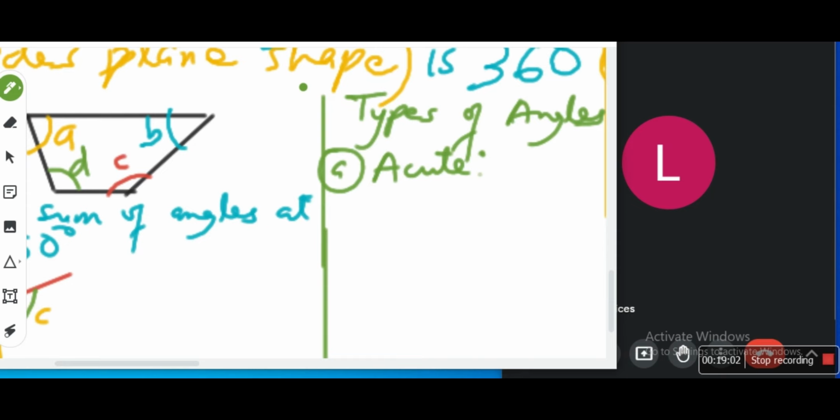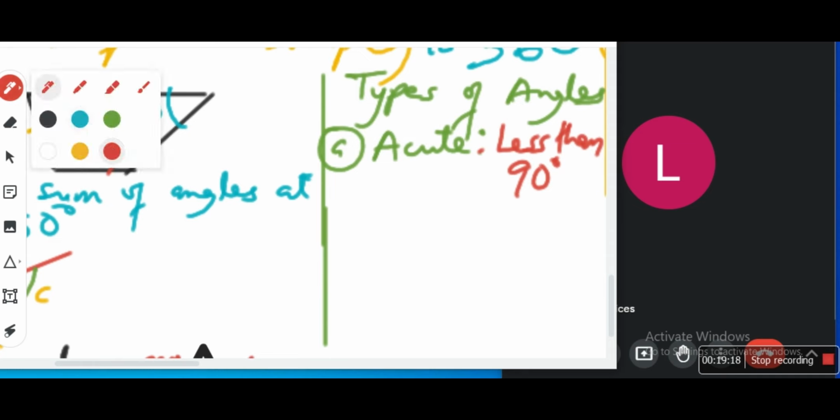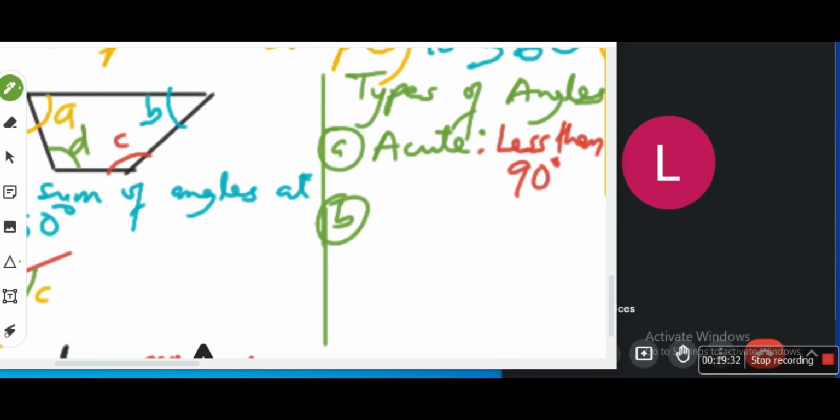Acute is less than 90, from 0 to less than 90 degrees, like 89, 71, they are all acute angles. So long as they are less than 90, positive, all in whole number, all positive angles less than 90 degrees are acute.